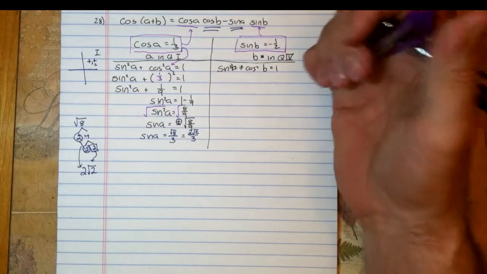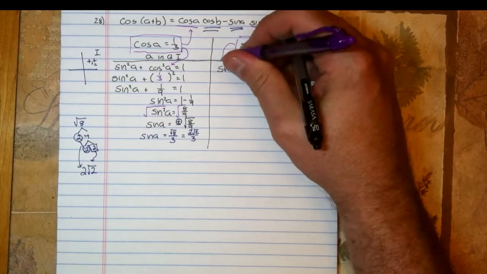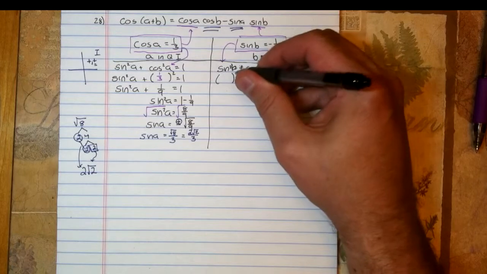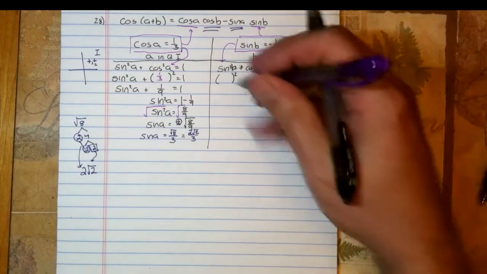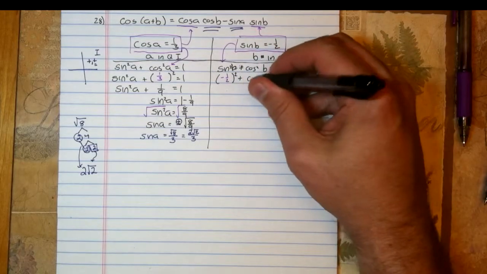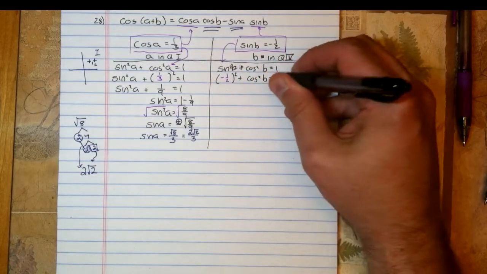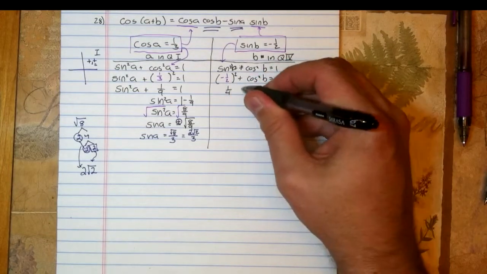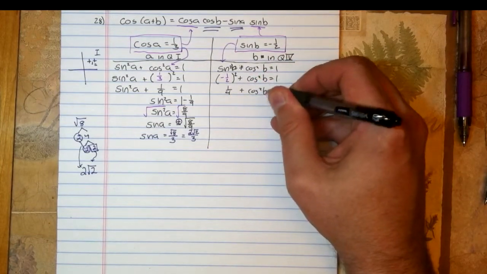So for the sine of B, I'm going to plug in this -1/2, and that has to be squared because I have sine squared of B. So in here I'm going to put my -1/2, and then that's plus cosine squared B equals 1. -1/2 squared is +1/4, plus cosine squared B equals 1.